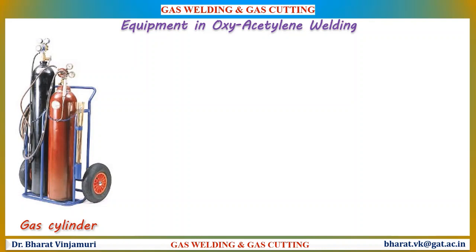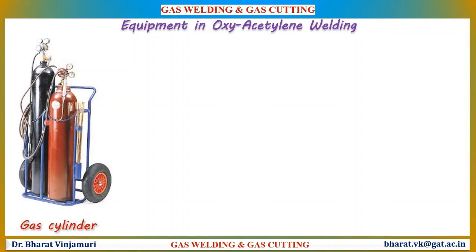The cylinders used to hold the gas are shown in the diagram. The black color one is usually the oxygen cylinder and the red color one is the acetylene cylinder. This fuel cylinder holds the fuel required for combustion and the oxygen cylinder holds the compressed oxygen required for the weld.